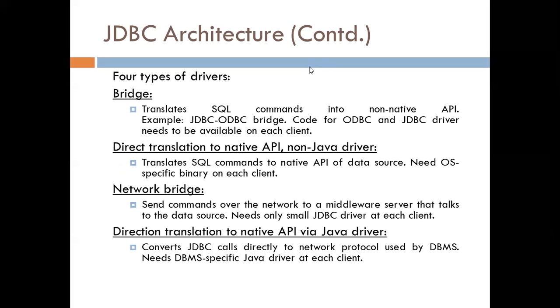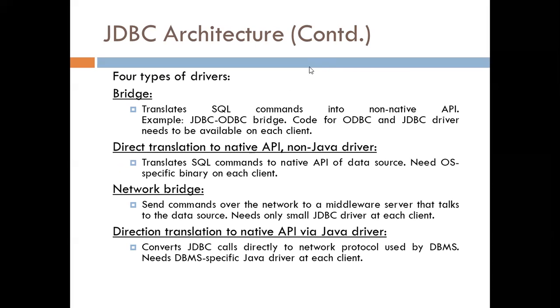Drivers in JDBC are classified into four different types. This is again based on the architectural relationship between the application and the data source, whether the application and the database are in the same machine, in the same network, or in different geography.